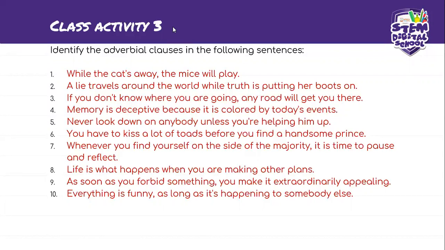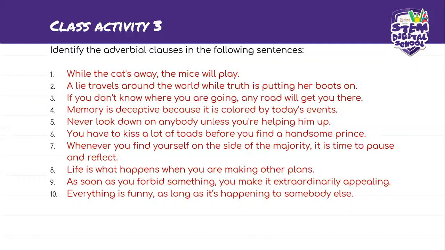Look at the first sentence: while the cat's away, the mice will play. Why will the mice play? Because the cat's away. So while the cat's away becomes our adverbial clause because it tells us the reason why the mice will play. Thank you, Asanda.